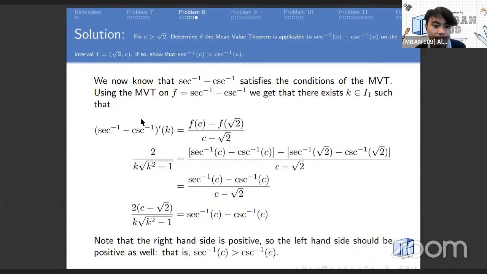Since ito kanina sa previous slide na-compute natin which is equal sa value ng 2 over k times square root of k squared minus 1.